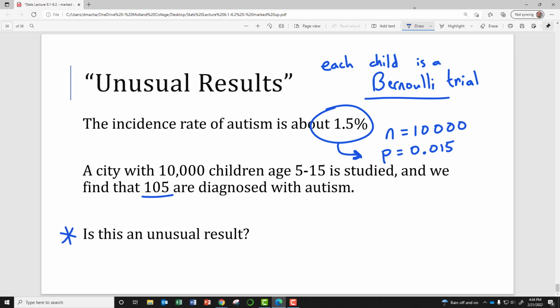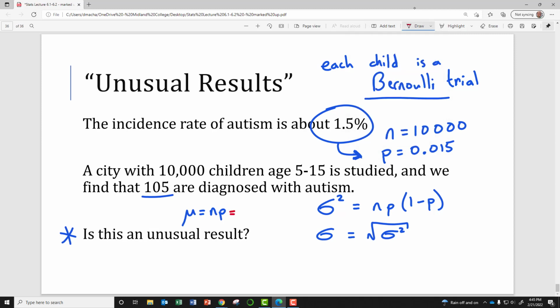For a binomial distribution, remember that the mean is n times p, and the variance is n times p times 1 minus p. And the standard deviation is just the square root of the variance.